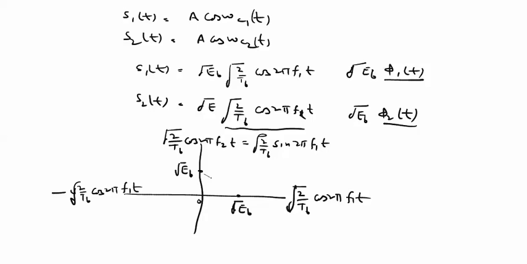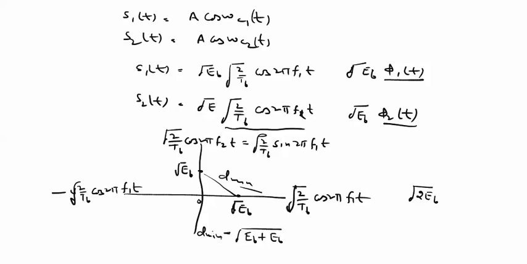We want to calculate the difference, D minimum, between these two. D minimum is root of EB plus EB, that is root 2 root EB.